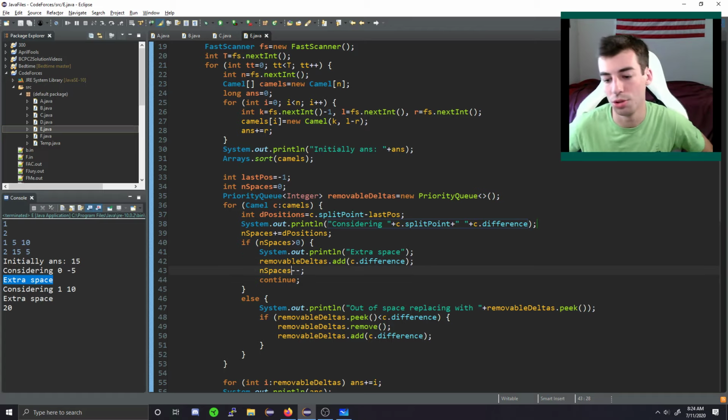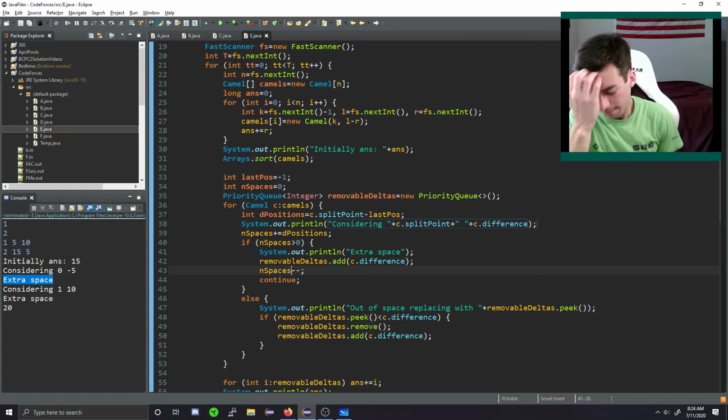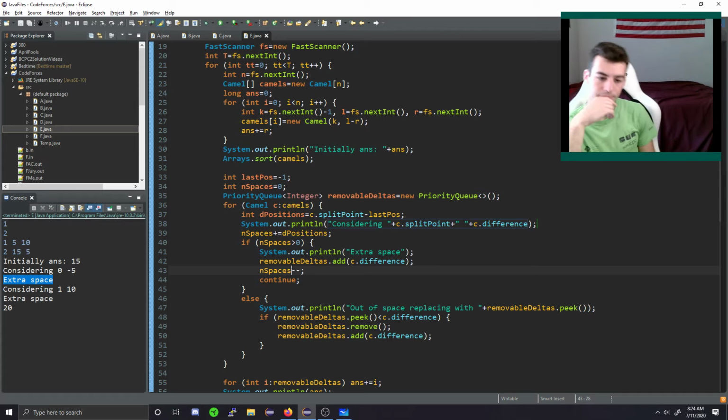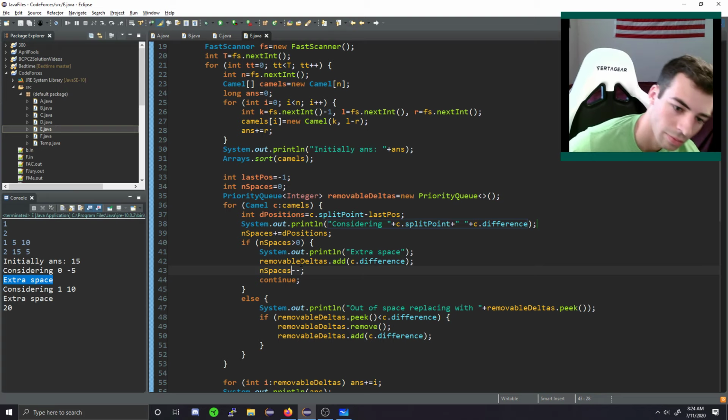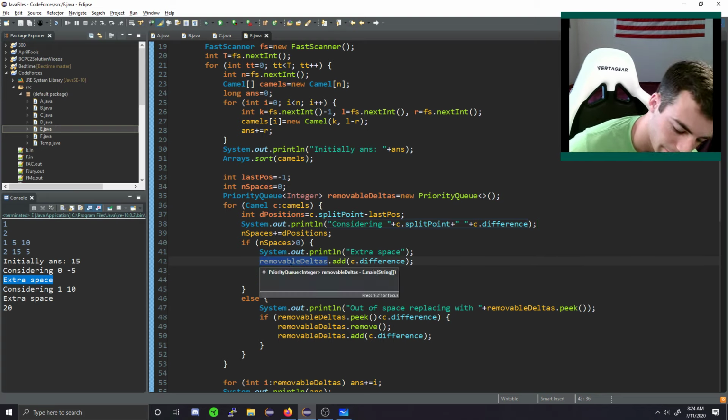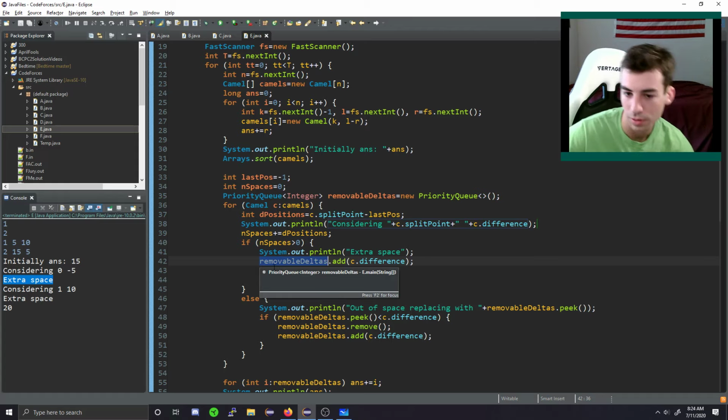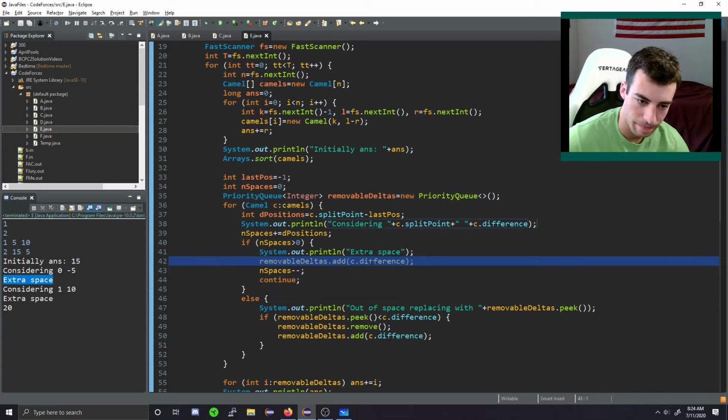So maybe this approach is just wrong. This isn't necessarily good because you don't necessarily want to be in the front.